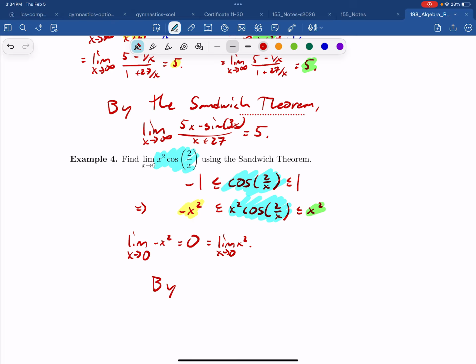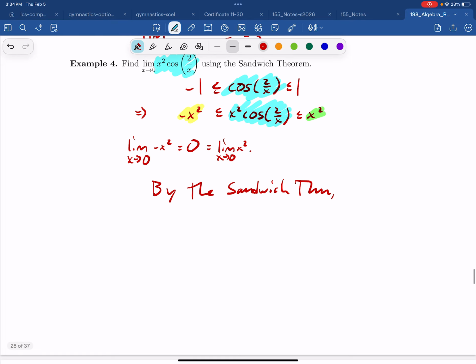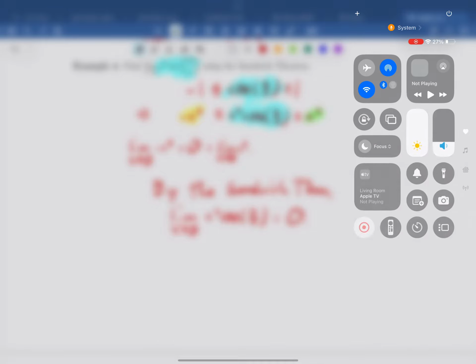So by the sandwich theorem, the limit as x approaches 0 of x squared cosine of 2 over x equals 0. That's all I've got.